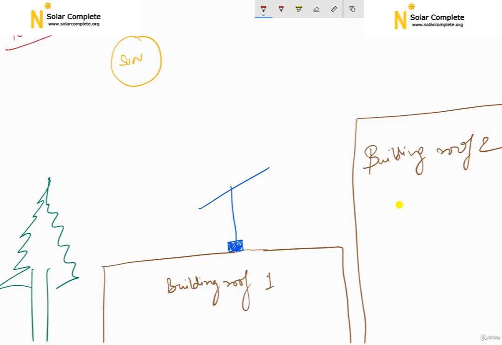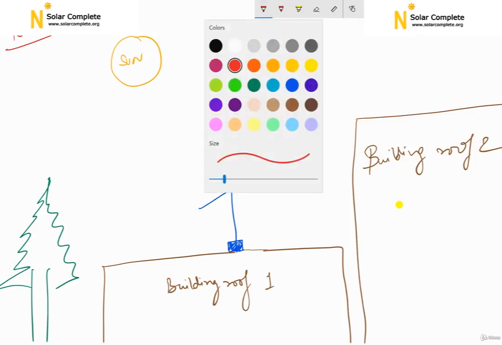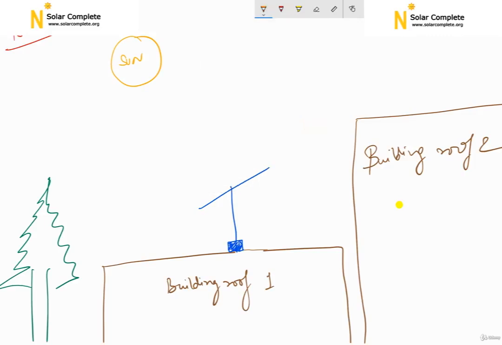Now these rays which are coming from the sun are first hitting the surface of the roof on which the solar panel is there. Right now it is a roof. Otherwise, if the solar panel is mounted on the ground, or if it is a ground mounted project, then the surface will be ground. So the solar irradiations which hit the ground first or the roof first, then come on the solar panel surface, are also under DHI rays.